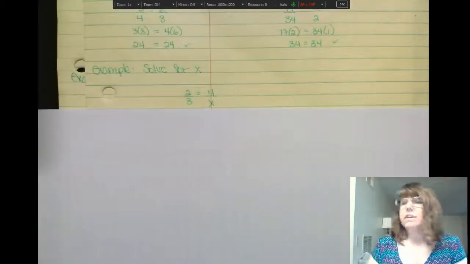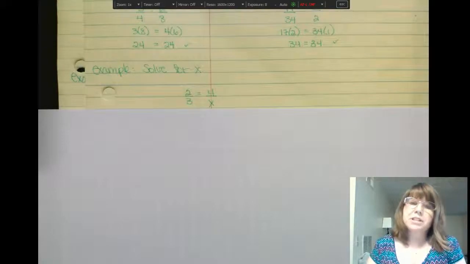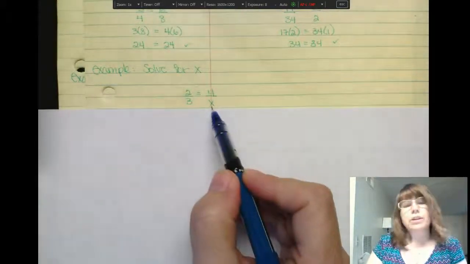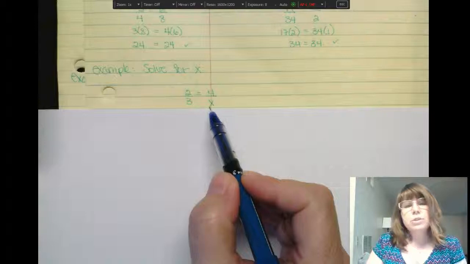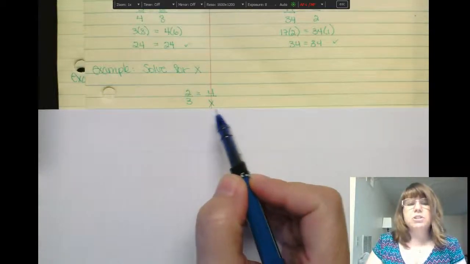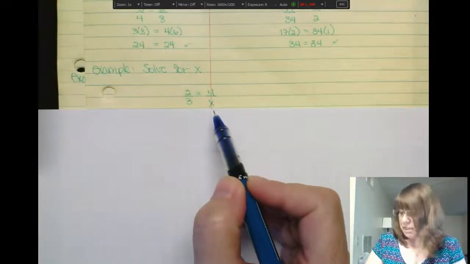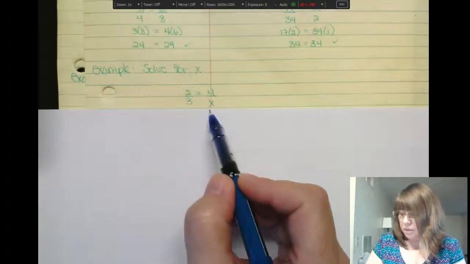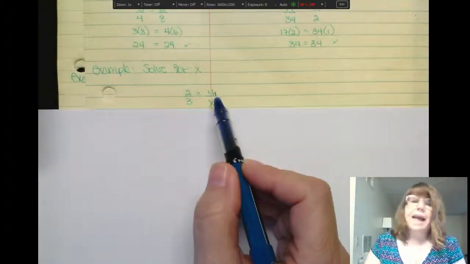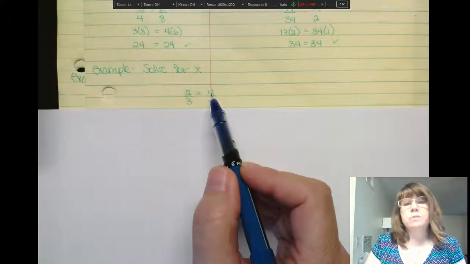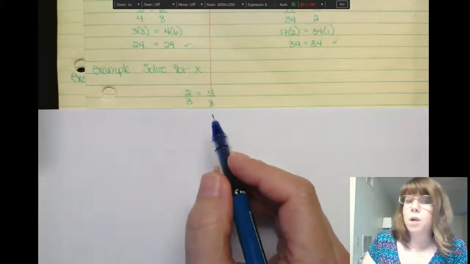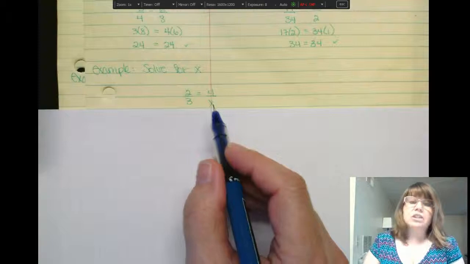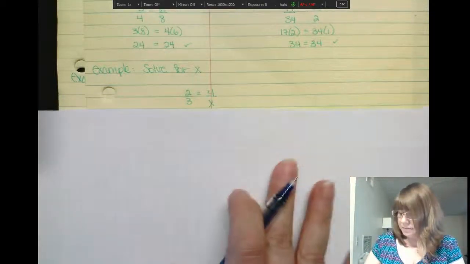So using the fundamental property of proportions, I have an unknown here. And I can use that property to be able to solve for x. So I'm going to take my extremes and multiply them, take my means and multiply them, and then I'm actually going to use my multiplication property of equality to solve for x.